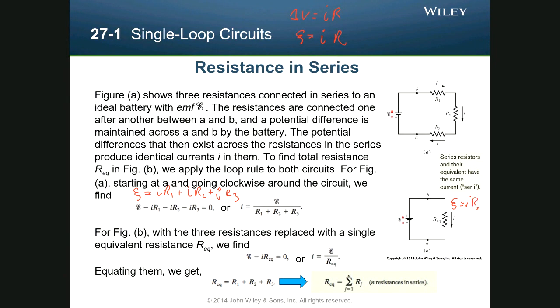Okay? And solving for the current here, because the currents have to be the same in the circuit, you get that this whole expression is equal to our electromotive force over R equiv.